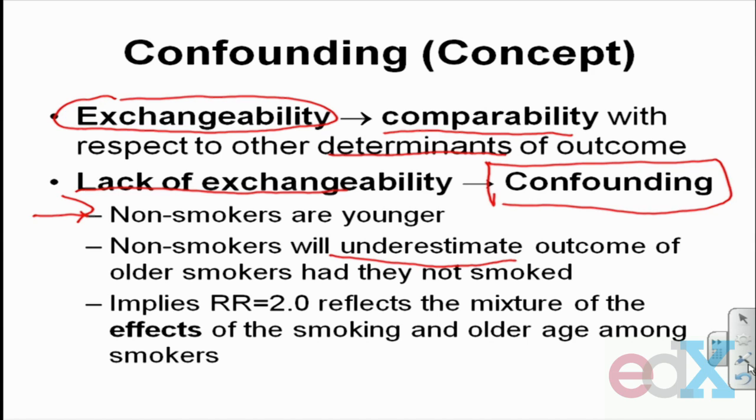They are young compared to our smokers. That implies our risk ratio that we observe in our data set, the doubling of the incidence of disease, is really reflecting the mixture of two effects. Our exposed people are smoking, and smoking increases your risk of disease. Our exposed people are older, and older age increases the risk.